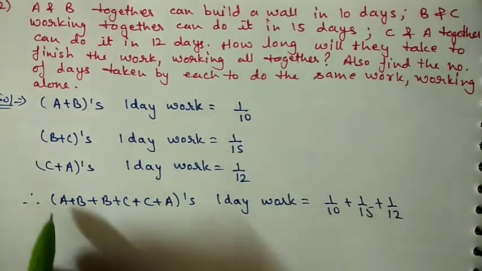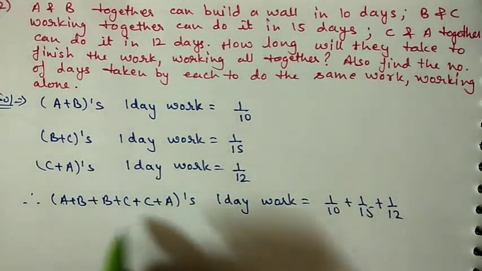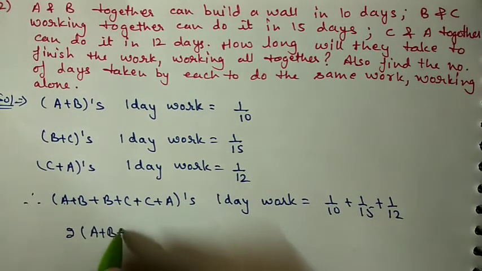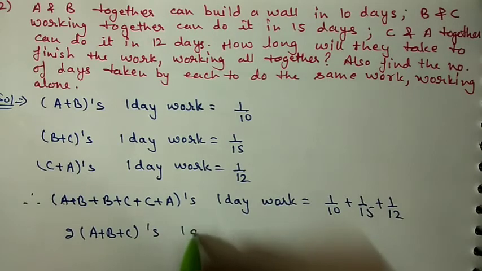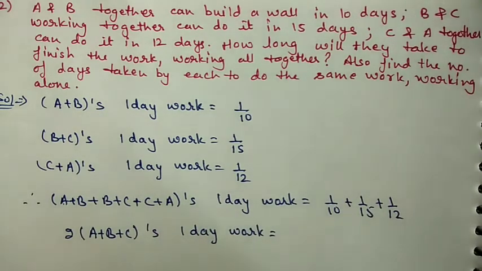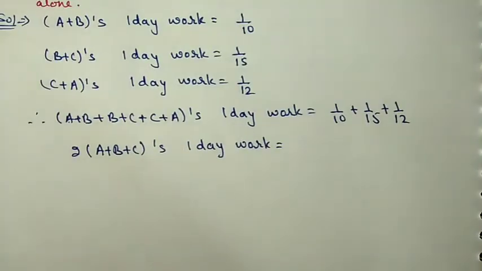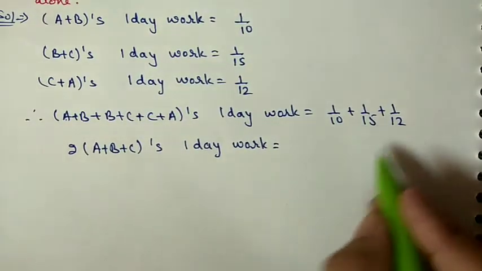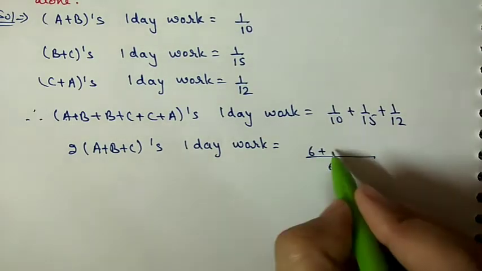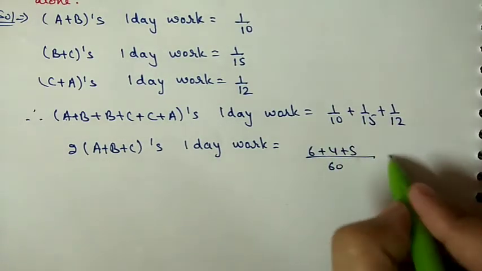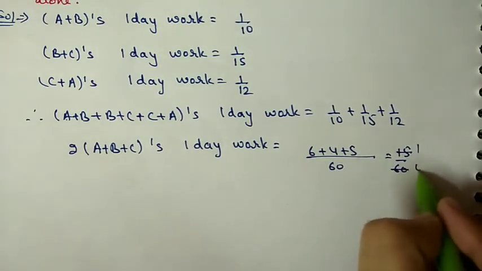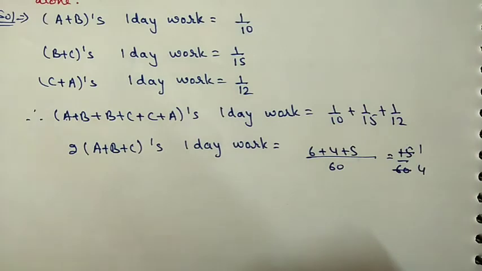On the left side you can see we have 2A, 2B, 2C, which we can write as 2 times A plus B plus C's one day work, and on the right side we have to take LCM. So take LCM of 10, 15, 12, the LCM will be 60. 6 times, 4 times and 5 times. We will get 15 by 60, which we can cancel, 15 1 and 15 4, 1 by 4.